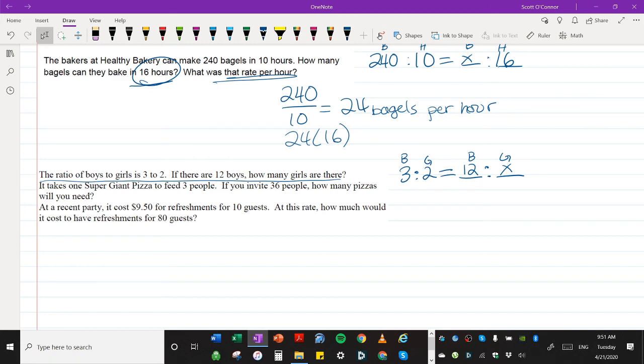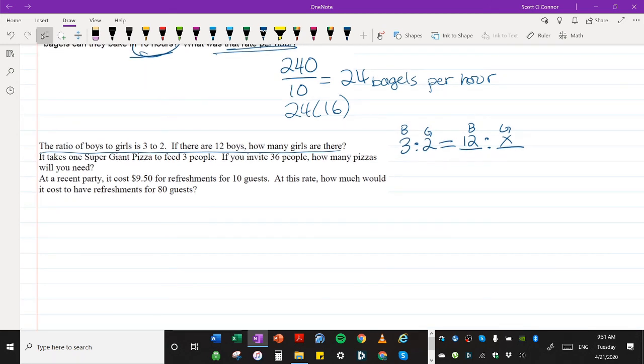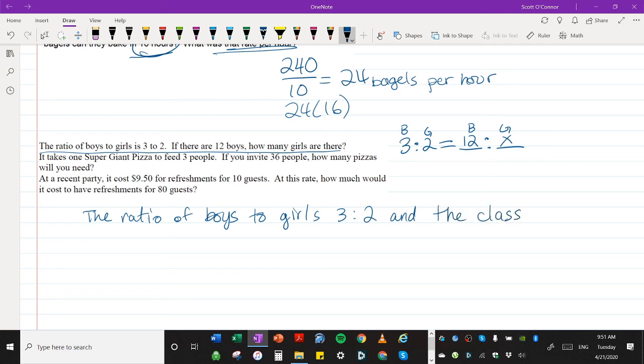I am going to add just one question here really quickly, because you need to know how to do this kind of question as well. So let's say, for example, let's keep this part here, the ratio of boys to girls is 3 to 2, and the class has 15 students.